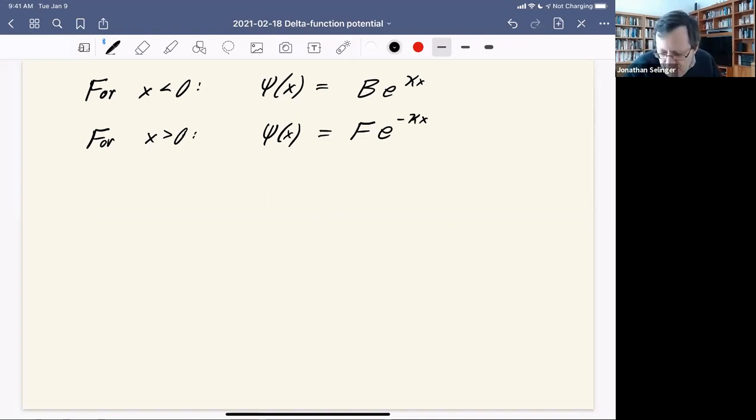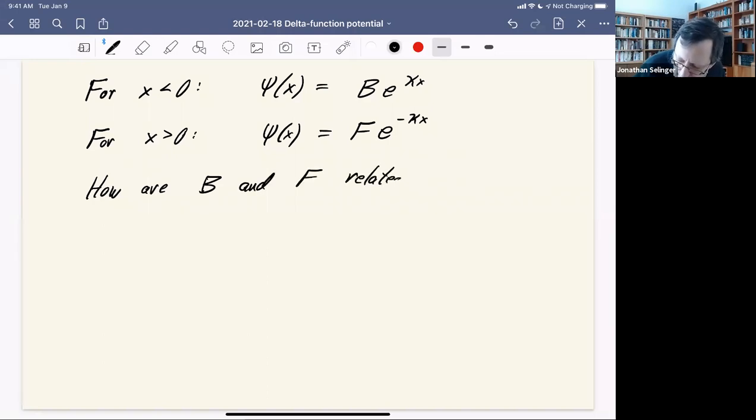Okay, so now we're down to having two coefficients that we don't know, right? The b and the f. So the question is, how are b and f related to each other?